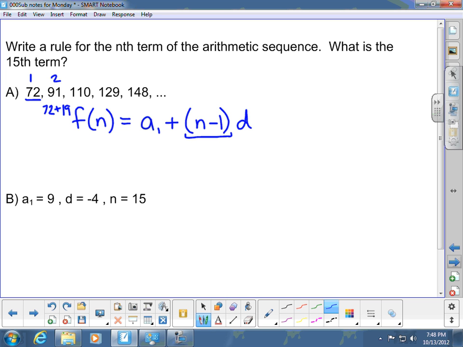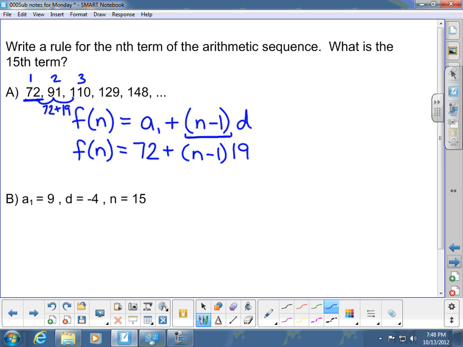And we're only adding 19 once. When we were getting the third term, it's really like we're starting at 72 and adding that 19 twice, which again is 1 less. So for these numbers, the nth term will be 72 plus 19 times 1 less than whatever number you're looking for.